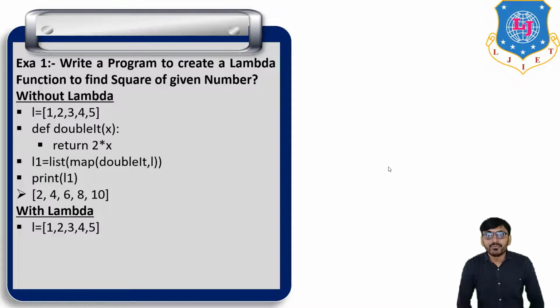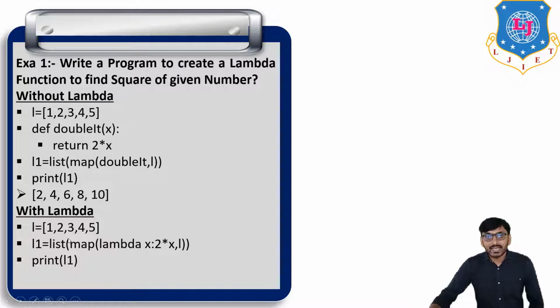Now the same problem we discuss with a lambda function. We know that a lambda function is used to increase the readability of a program. We write in a simple way. Okay. So L is a list, then L1 is a list, and the map function is used. Inside the map function, there is a lambda function. We know that lambda is a keyword which is used to represent a lambda function, and x is the argument, and 2 into x is the expression.